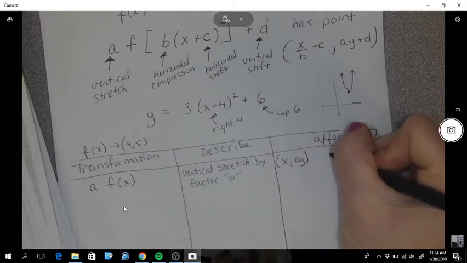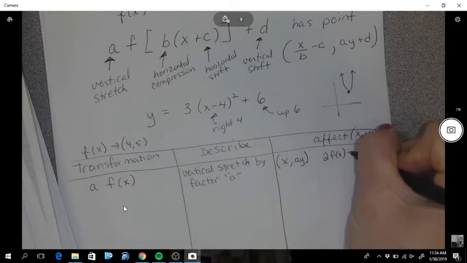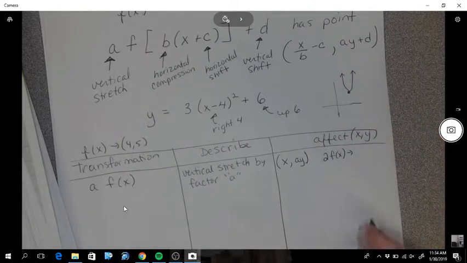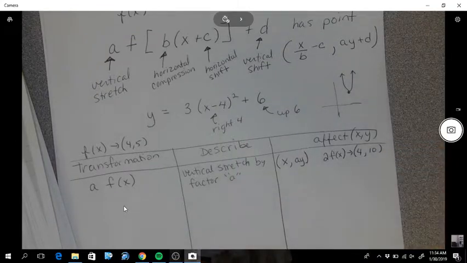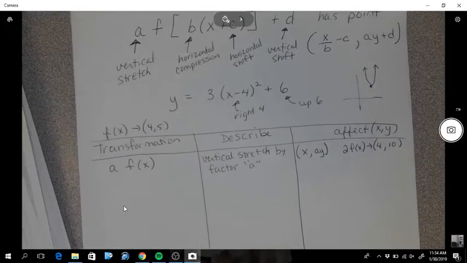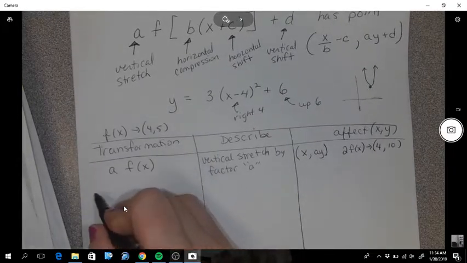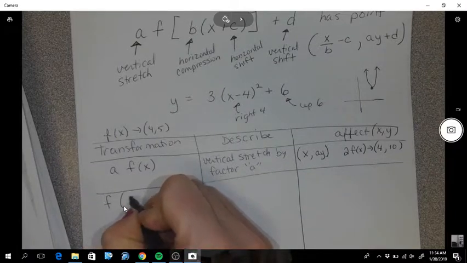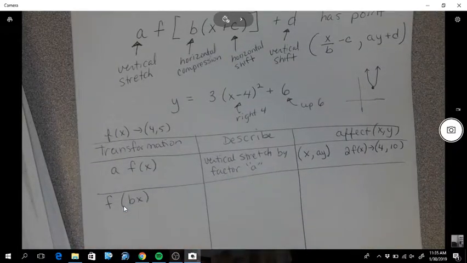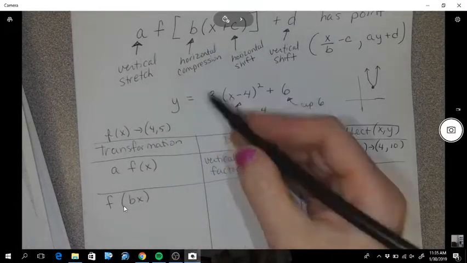So let's say that we are going to go to 2 f of x. It would have the point 4, 10 instead of 5. Okay, f of bx. So now this is affecting the x value.